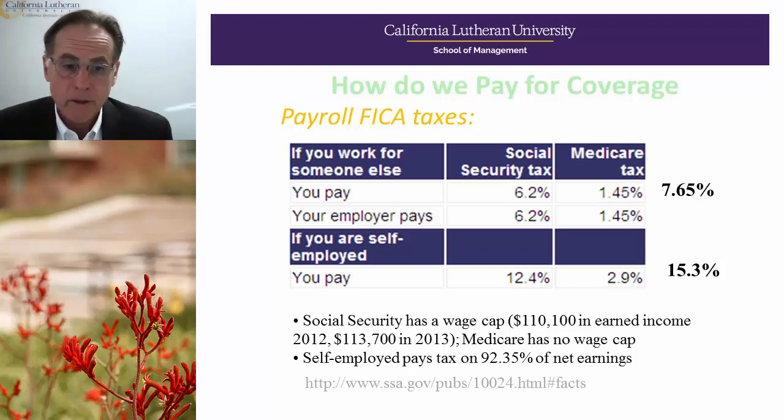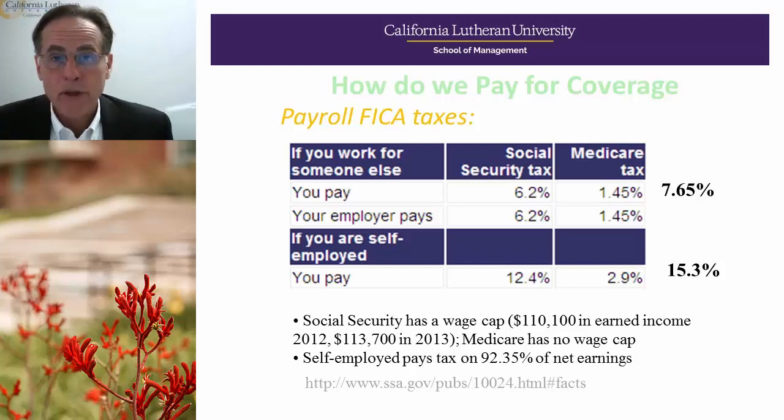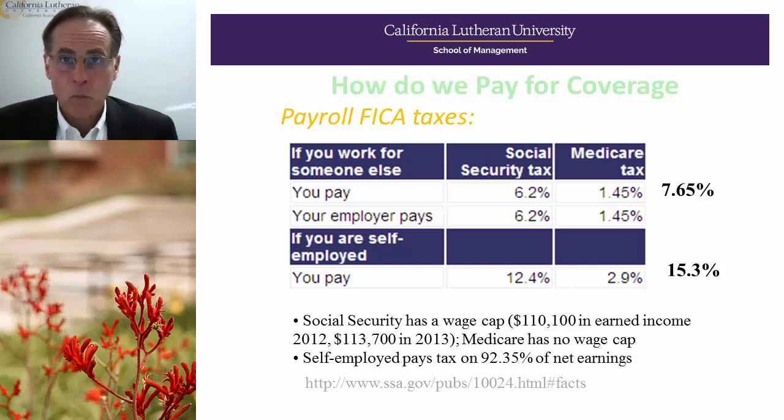The self-employed pays 2.9%. Now, one little bit of a difference here is that Social Security has a wage cap. Although, with all the pressures right now in the system, one of the discussed remedies is to do away with this wage cap. But currently it's still in effect. The wage cap tends to go up each year. For 2012, as you can see, it was $110,100.